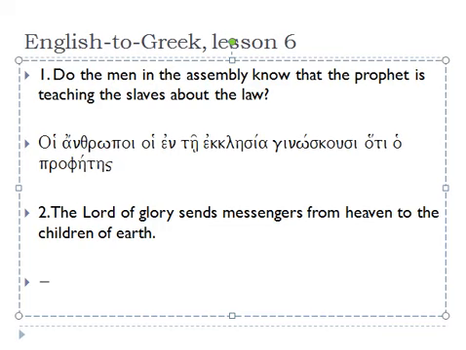Is teaching, or just teaches, that's didasko. But we want the third singular ending, didaskei. The slaves is the object of teaching, so we want an accusative for ho doulos. That would be tous doulous.